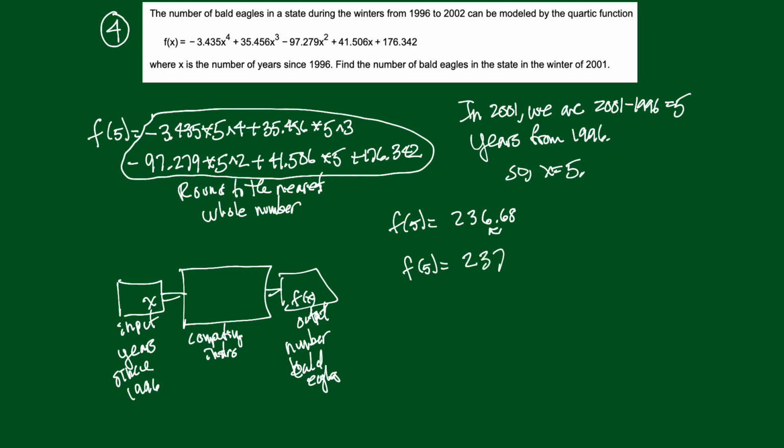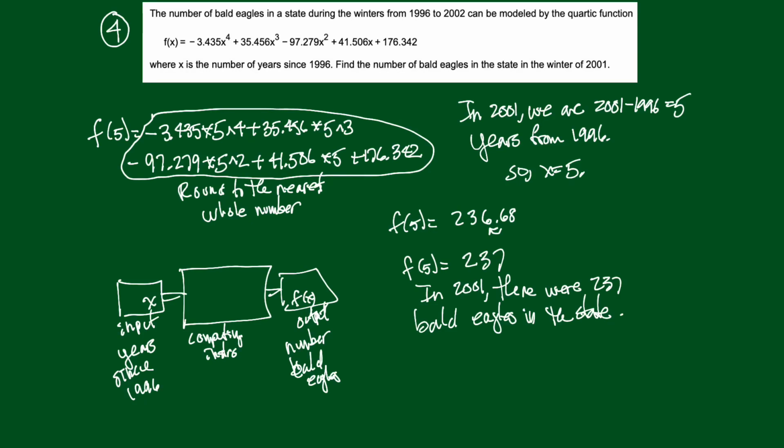So the question is: find the number of bald eagles in the state. In 2001, there were 237 bald eagles in the state.